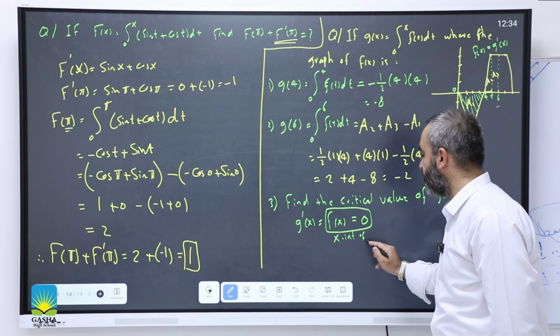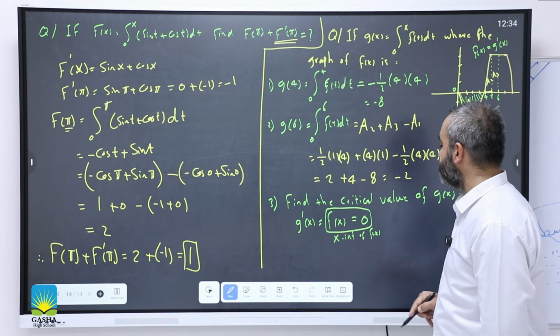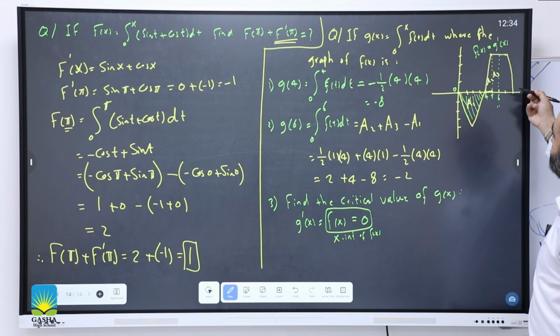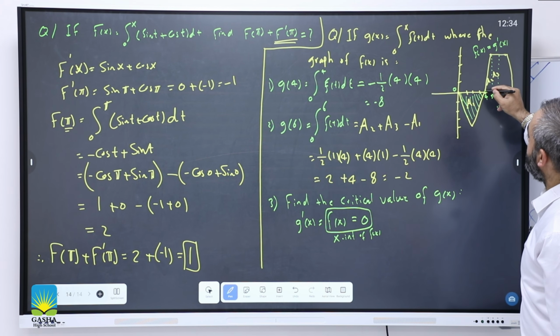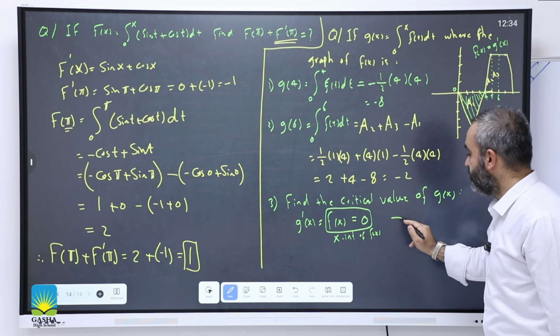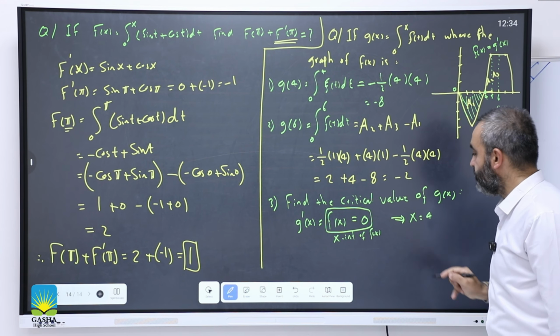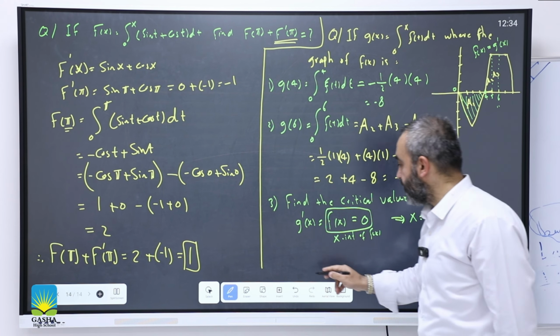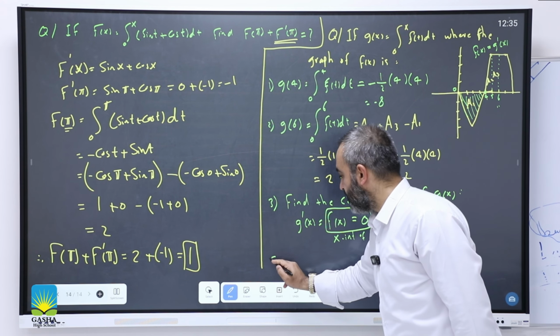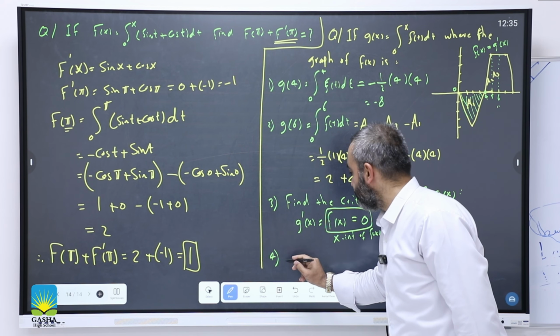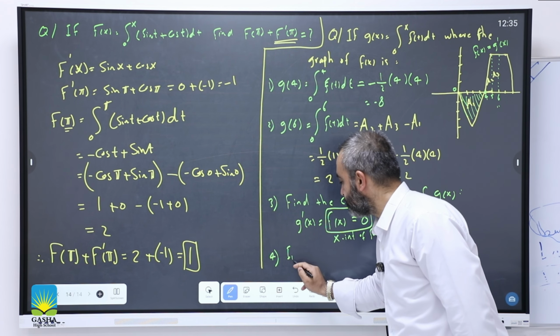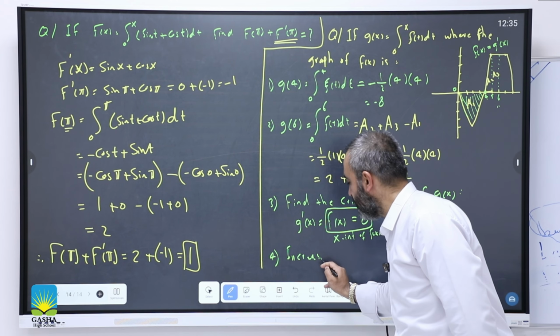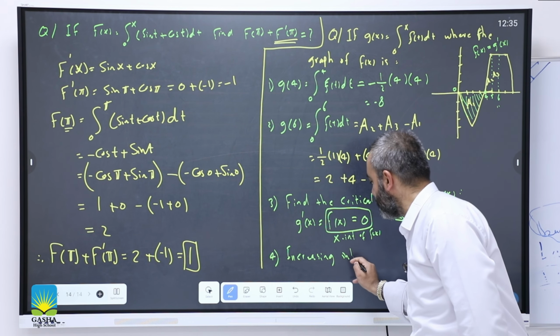X-intercept of what? Of f of x. What is the x-intercept of f of x? It is 4. So x equals 4, right? And what about the increasing interval?